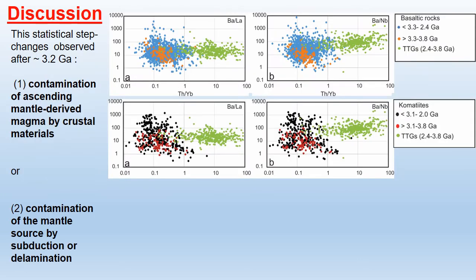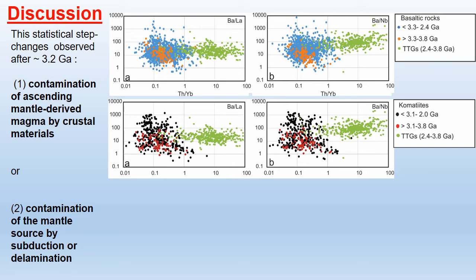To explain this significant change, we have two options. The first option may be contamination of this magma during ascent through the crustal material, or this enrichment may come from subduction or delamination. To eliminate the first possibility, we compare the thorium/terbium ratio, because this ratio is affected by crustal contamination.